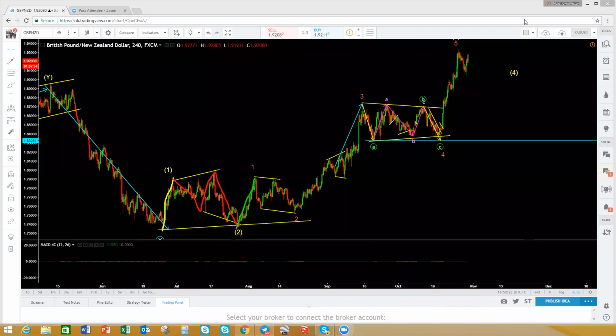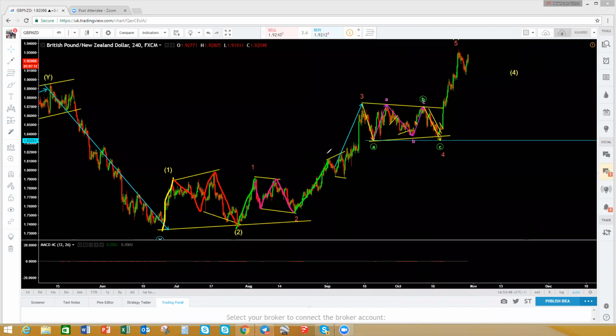Okay, and I'm going to do this one in pink. 1, 2, 3, just to show that it is in a different degree to this one. Okay, we get another green impulse. After that, we get a pink correction. Let's do it properly.